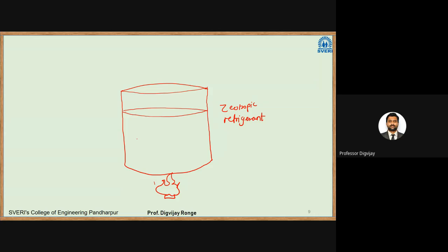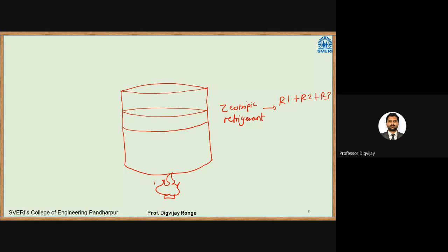Whichever has the lower boiling point will be evaporated first, so that will be converted into vapor. As we know, vapor has low density, so this will accumulate at the top. Suppose this zeotropic mixture is a mixture of several refrigerants, let us say R1 plus R2 plus R3.